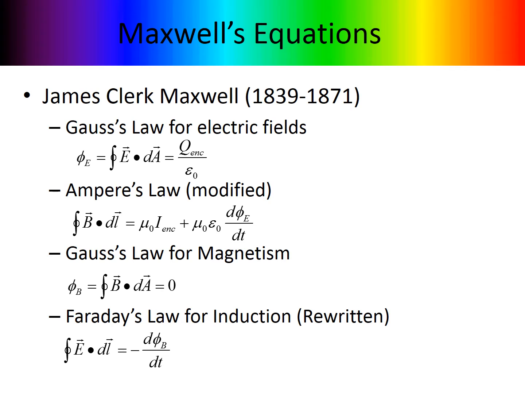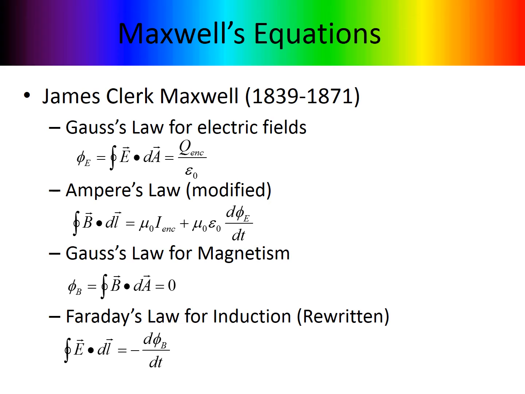Gauss's law for magnetism, we've seen recently, deals with the fact that there are no magnetic monopoles. So every magnetic field line leaving the north pole of a magnet eventually reaches the south pole of that magnet. If you have a closed surface, the same amount of flux is going to enter the surface as what left. So we're left with a net flux of 0 on that closed surface.